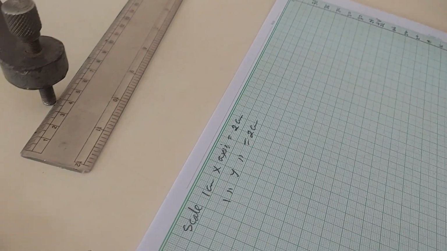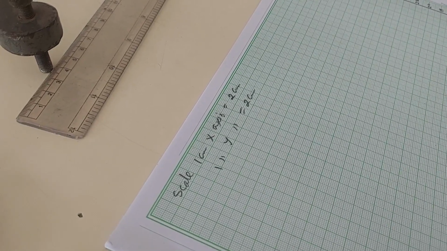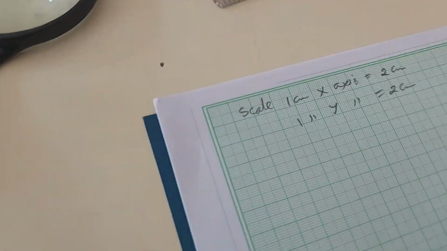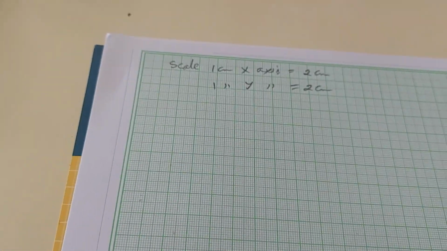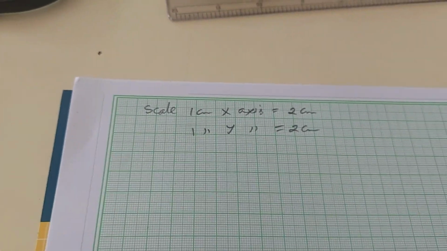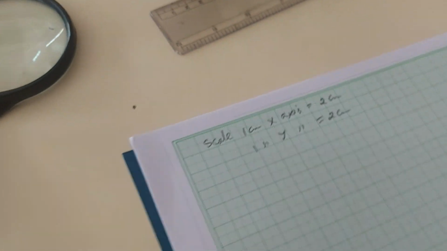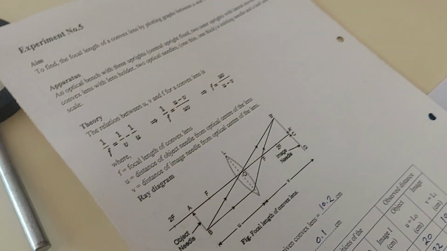You see 1 centimeter on the x-axis is equal to 2 centimeter of our measurements or reading. Similarly, 1 centimeter on the y-axis is equal to 2 centimeter of our observation. So with these readings, we will plot the graph.